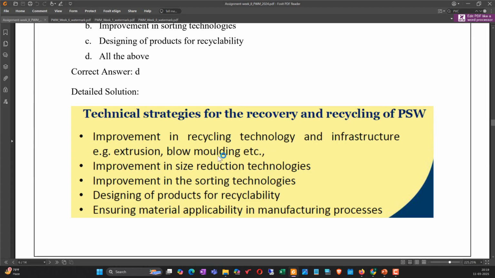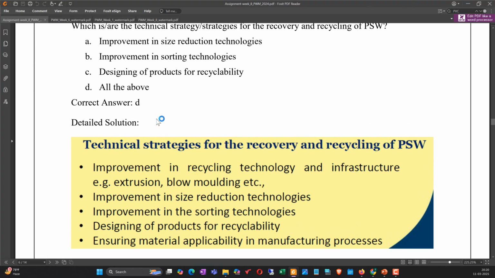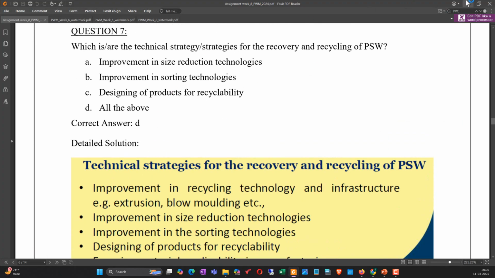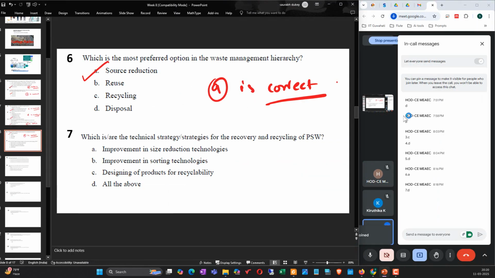And then improvement in the size reduction technologies, improvement in the sorting technologies, and designing of the product for recyclability and ensuring materials applicability in manufacturing processes, right? So option D, all of the above, is the correct choice. So D is correct.